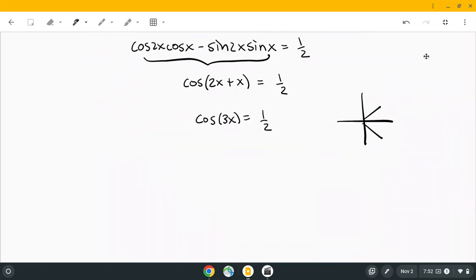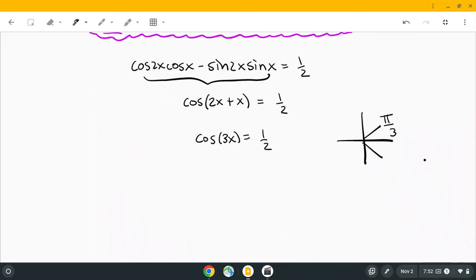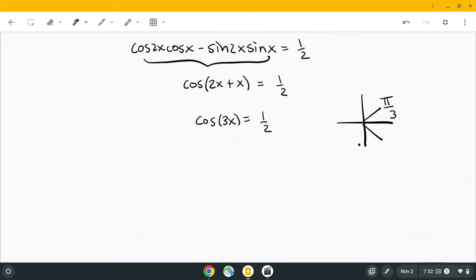So 60 degrees is pi over 3. We can't say negative pi over 3 because we're bounded at 0, so it's the large one over here. This one is 5 pi over 3. Let's write that down.